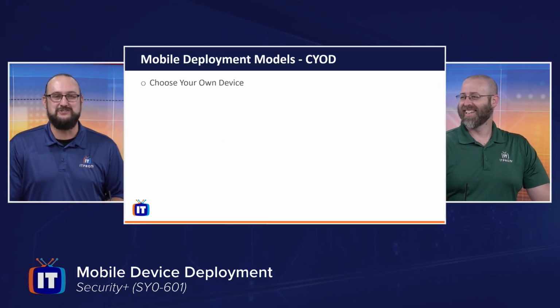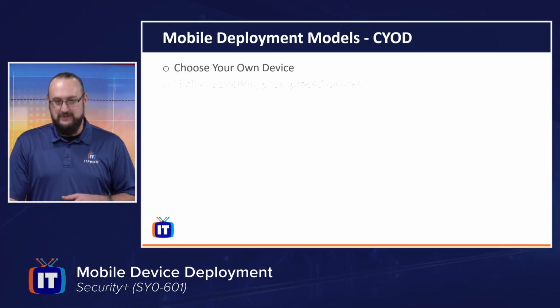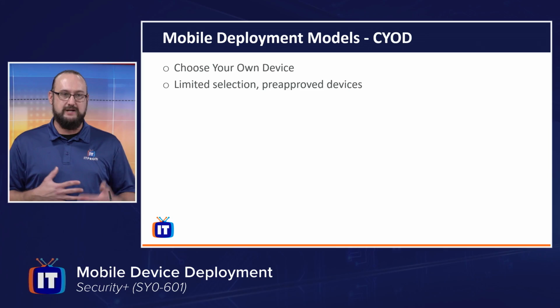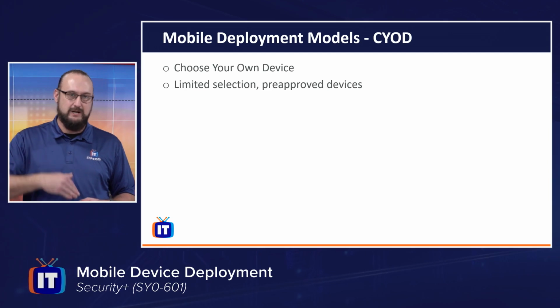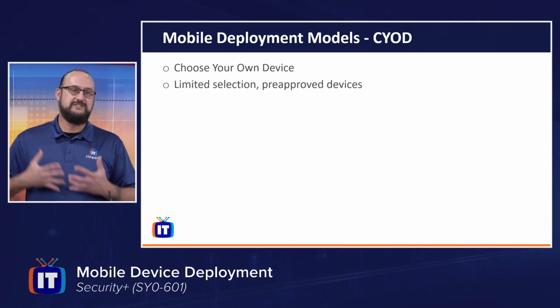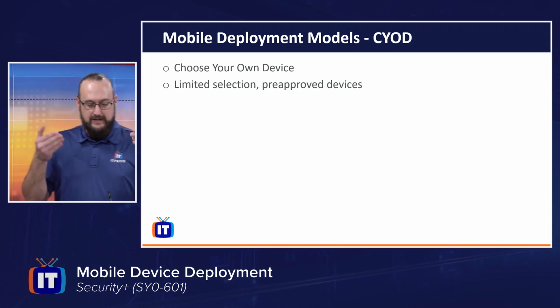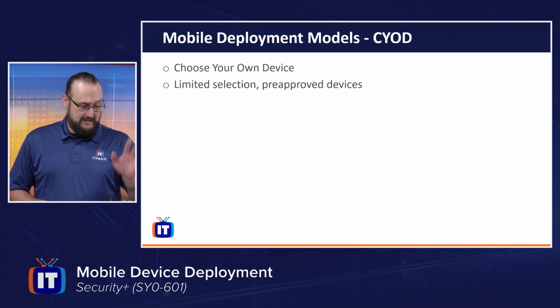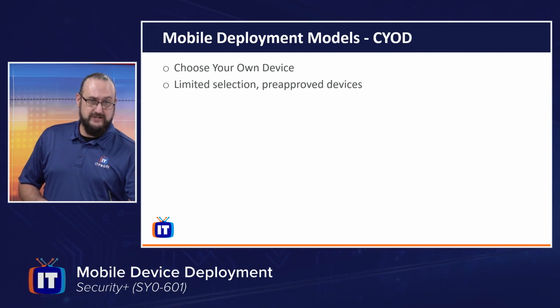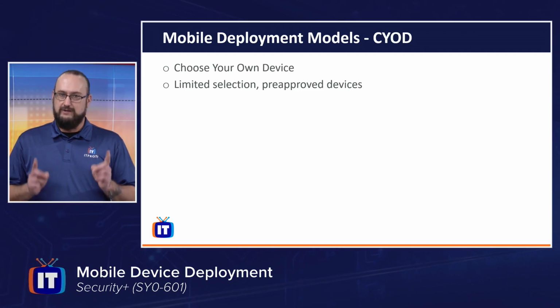And when we talk about choose your own device, now what we do is, as a company, right? So now Dan's talking about having to support mobile device management in a company that he used to work for. Now, this kind of model would say, okay, here's the spread. We've got 4 devices, maybe 3 devices, maybe 2 devices. Choose the device that you want, all right? You have a limited selection.